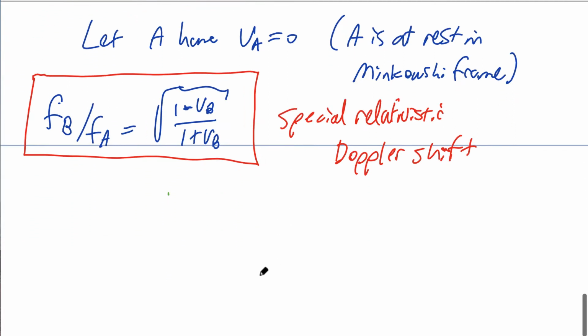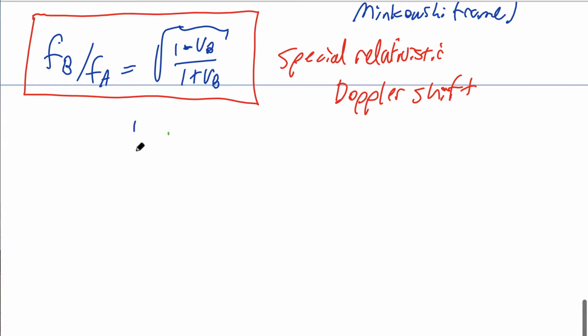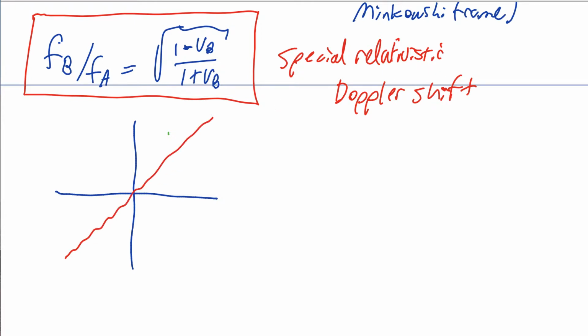Let's carry out a quick check. So here's the Minkowski frame. Here's the photon. And let's say our observer B is moving along with some positive velocity, so VB is greater than 0. And of course the observer A is moving right along the t-axis.